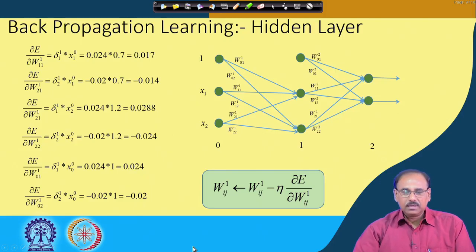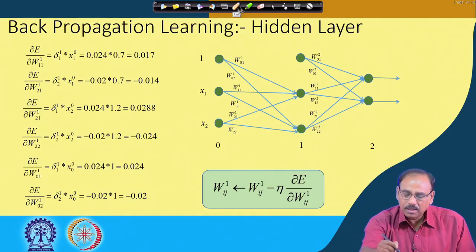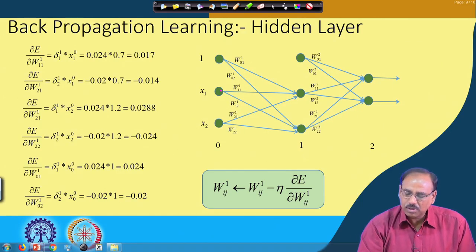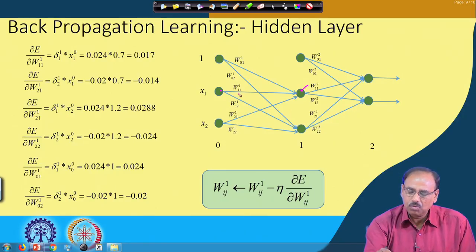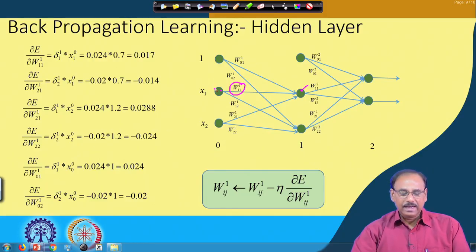Again, by using the same expressions, del E del W111. What is W111? It is the connection weight from the first node in the input layer to the first node in the hidden layer. So, I can compute del E del W111 as delta 11 times x10.